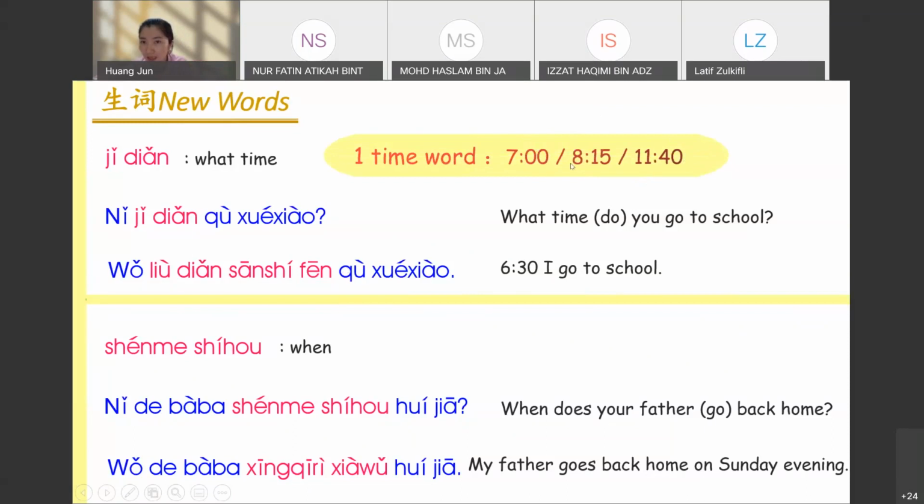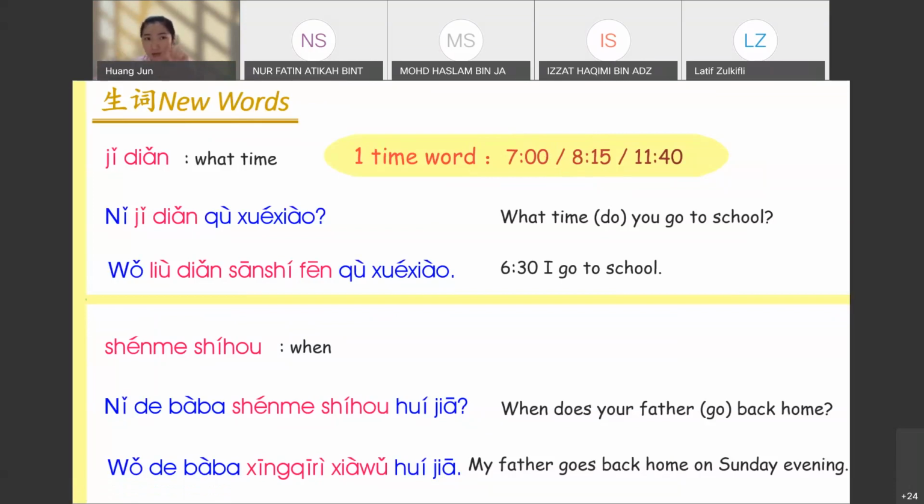Okay, if your answer after translating looks like this: 7 o'clock, 8:30, 11:40, then we use 几点 to ask the question. 7 o'clock, 8:15, we consider as one time word, because 7 o'clock, 7:30, 5 o'clock, in total they are one time word, right? They cannot be separated into two.